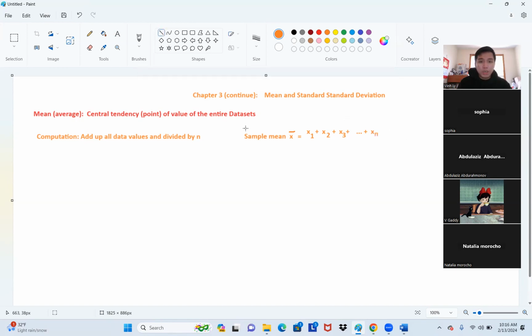And then we divide it by n, which is the number of data set points.